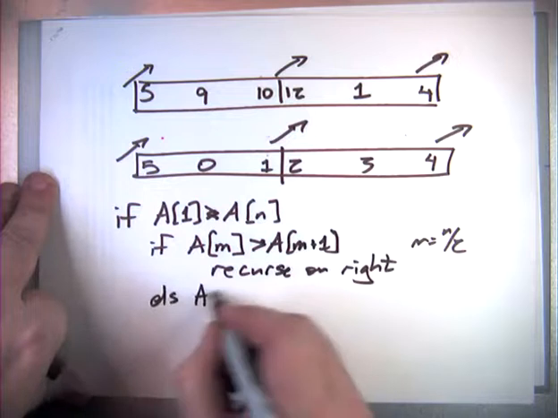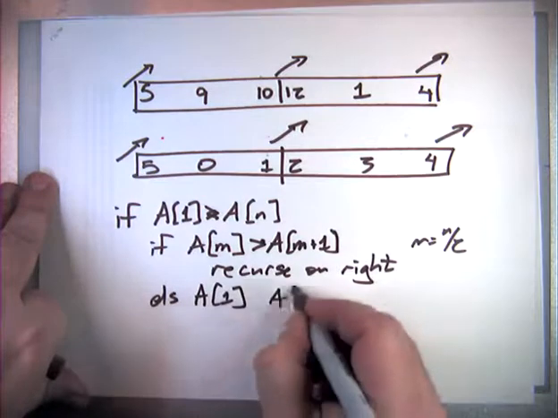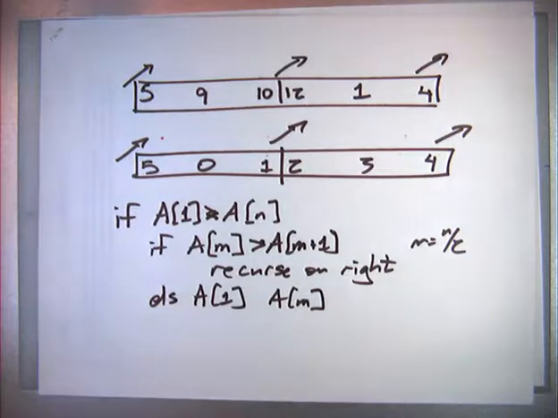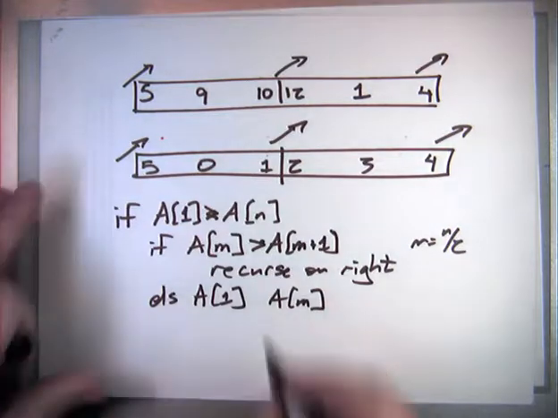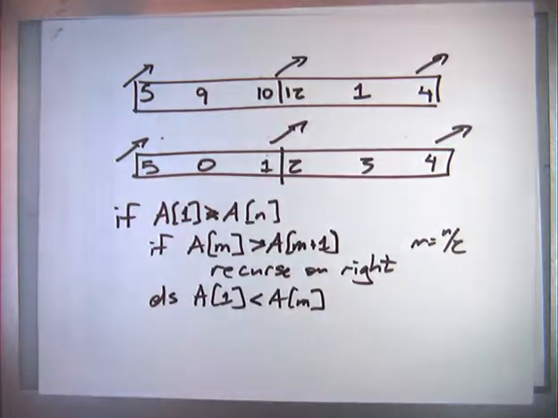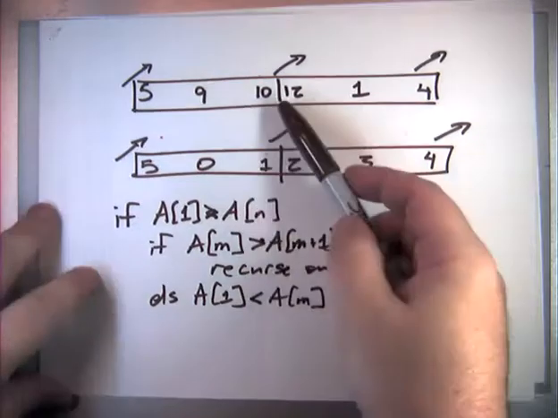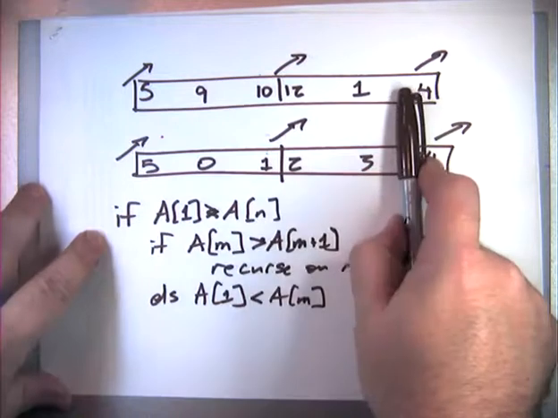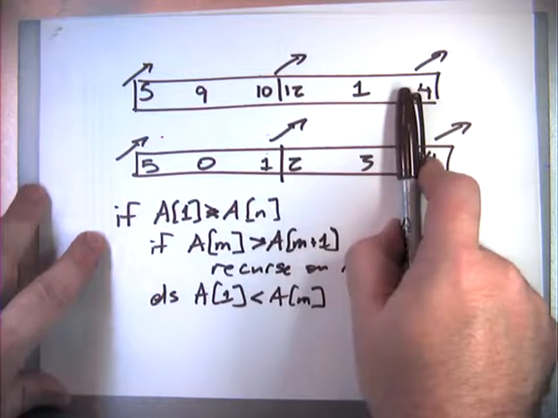Otherwise, I'll compare A1 to AM. If A1 is smaller than AM, but notice, I'm increasing at the beginning, and I'm increasing in the middle, but I'm higher up. The only way that could possibly happen is if the minimum is on the right.